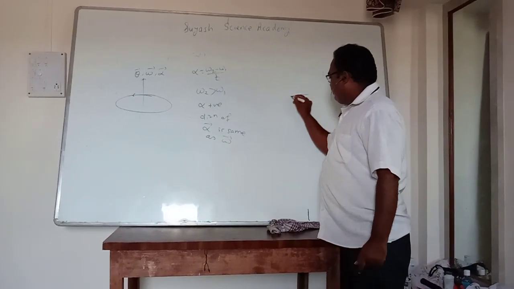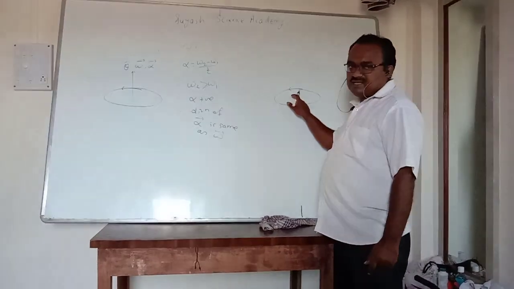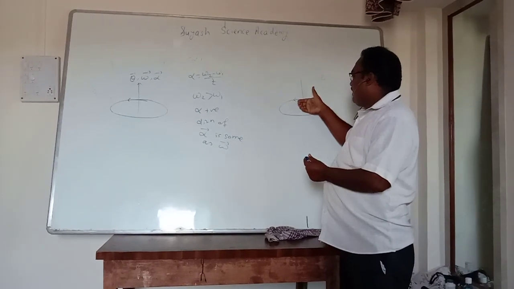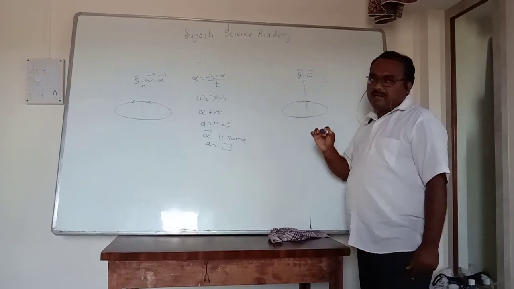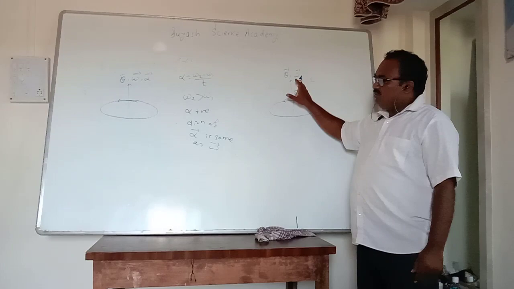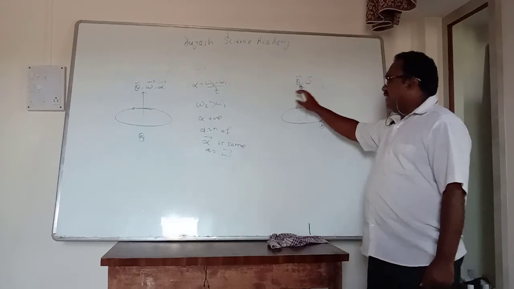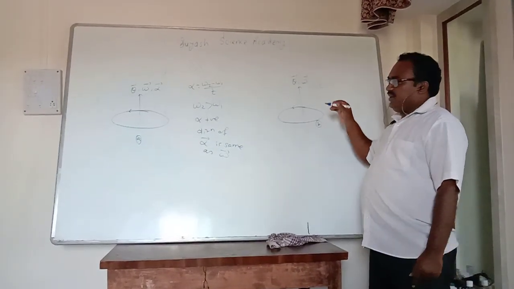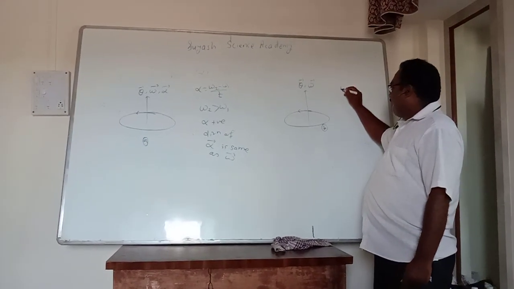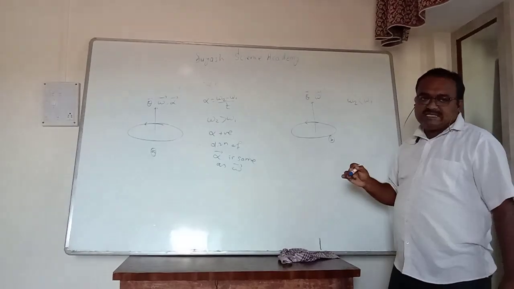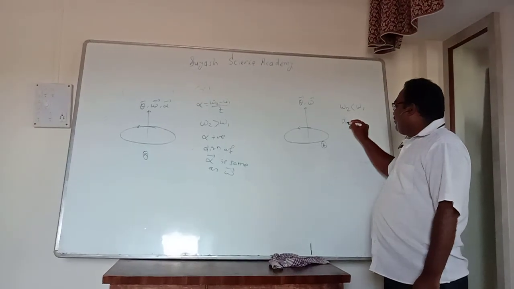Now for the same circle, the direction of rotation is again anticlockwise: curl fingers anticlockwise, thumb will be upward, so theta bar and omega bar are upward in both case A and case B, because the direction of rotation is the same. But if a fan is initially rotating and you suddenly switch it off, omega 2 is less than omega 1, its speed goes on decreasing, and alpha becomes negative.